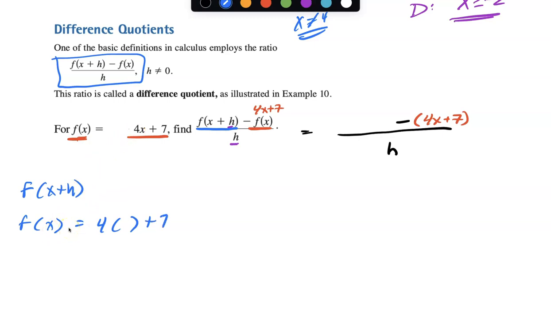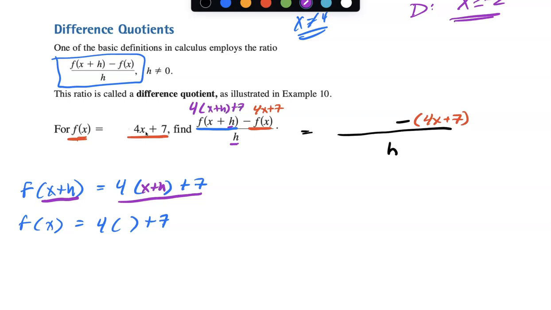Whatever's in here, you plug in there. It's the exact same thing for f of x plus h. It's 4 times something plus 7, but that something is x plus h. So all we're doing is plugging x plus h into the x there. So it's going to be 4 times x plus h plus 7.